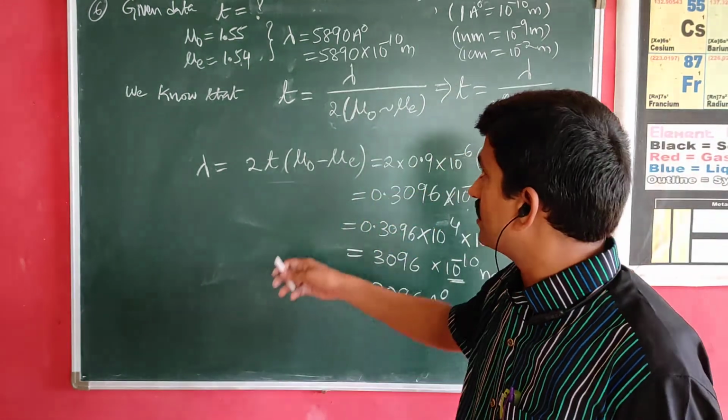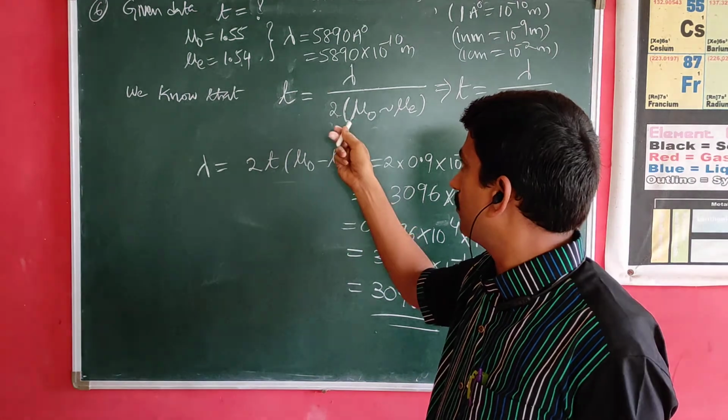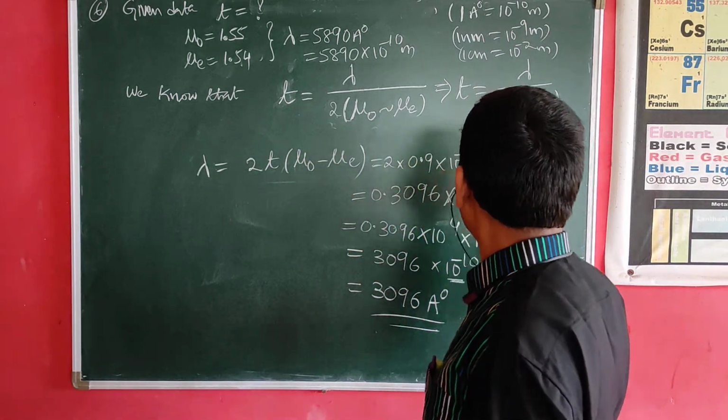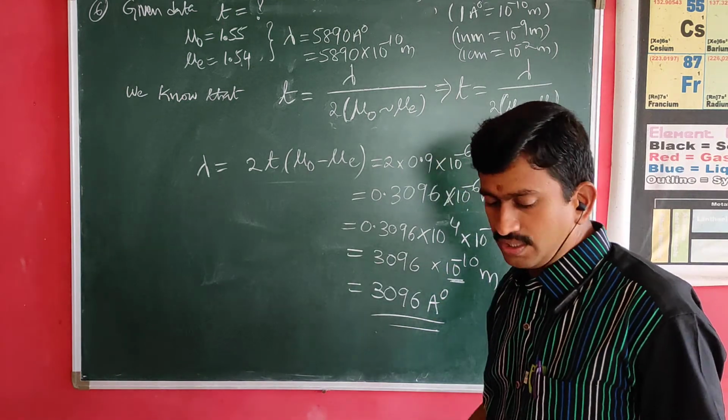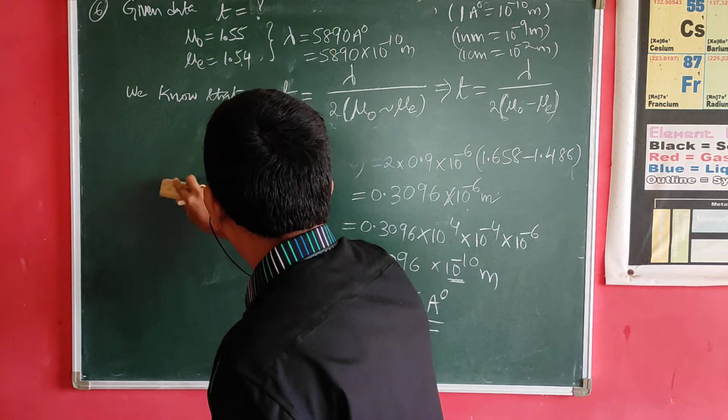The given data is already clearly given. We know the formula T is equal to lambda by 2 into mu O minus mu E. Now substitute all the values.